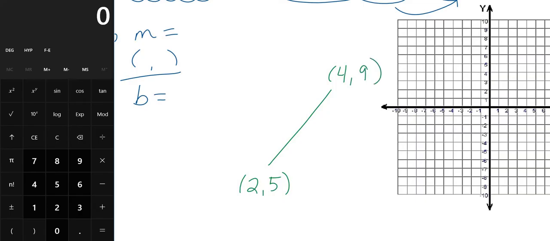And they want us to bisect it, which means it needs to cross at the midpoint. So I'm approximating, maybe the midpoint's around here. And it needs to be perpendicular, so it should have an opposite reciprocal slope, probably something that looks like this.